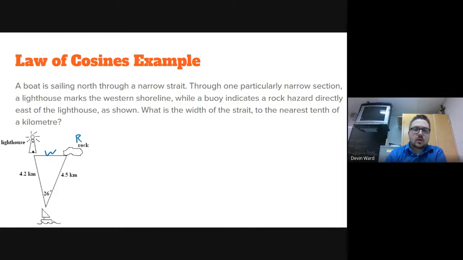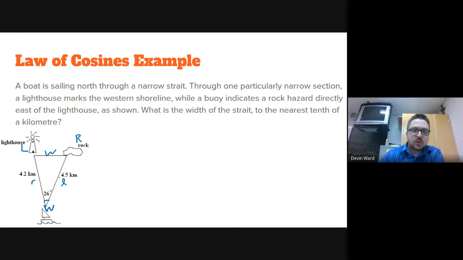Okay, so we'll call this R, we'll call this L, and if we're calling this W, this will be angle capital W. So this will be little r, and this will be lowercase l, for rock and lighthouse.